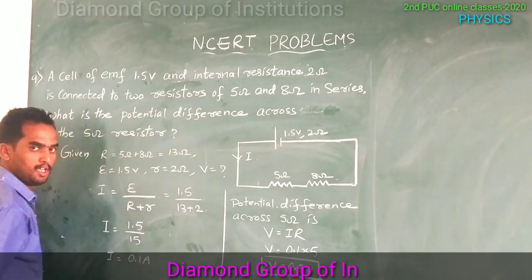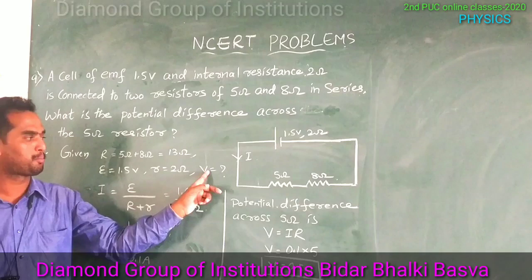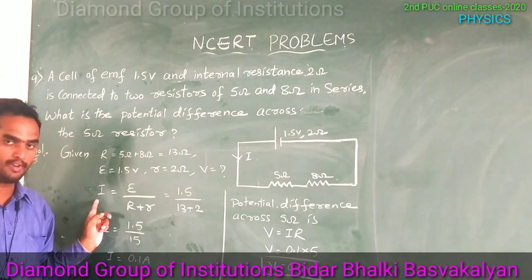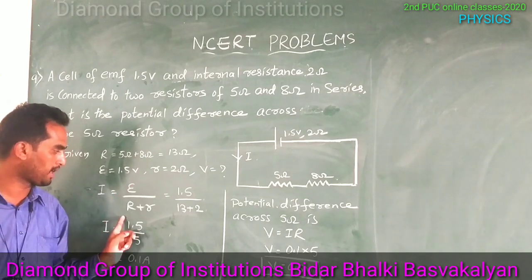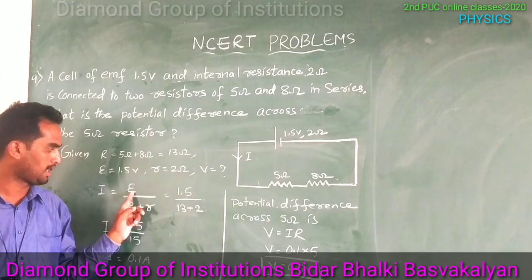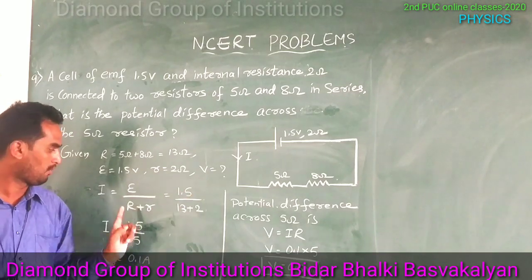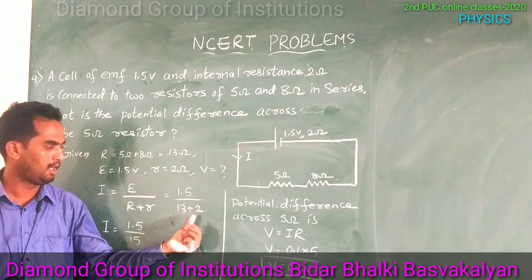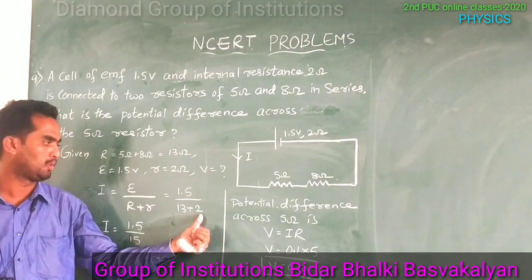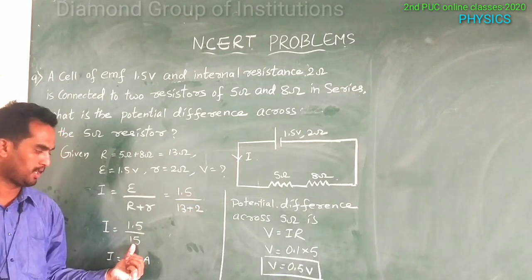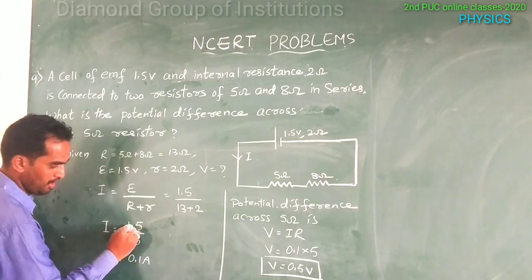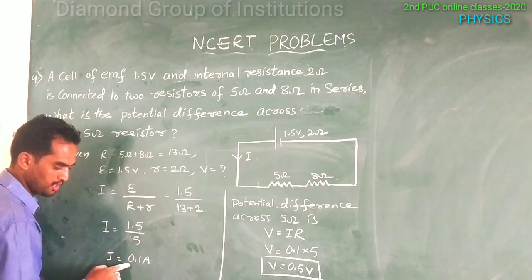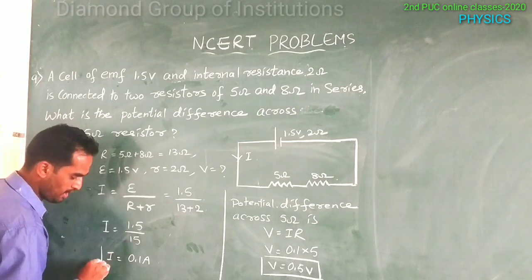The question mark is the potential difference. So before calculating the potential difference, we should know the value of I, that is current. So what is the formula of current? I equal to E divided by capital R plus r. What is the E value? 1.5. What is capital R value? That is 13 ohm, because 8 plus 5 becomes 13, plus internal resistance 2. So 1.5 divided by 15, that means the value of current is 0.1 ampere.